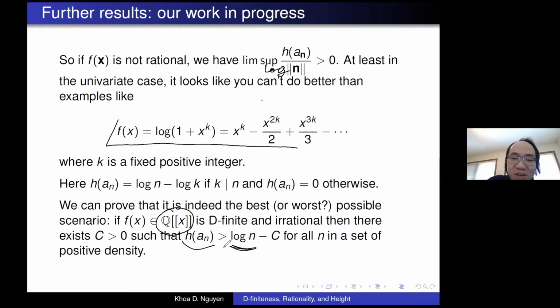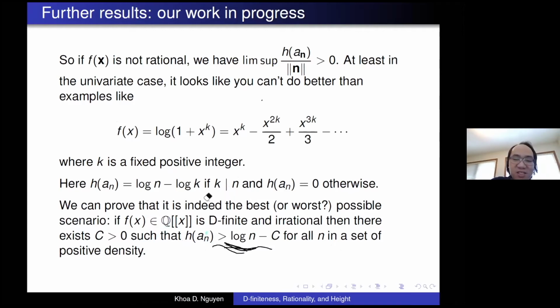But now we do have that this limsup is actually greater than or equal to 1. So we have that the height of a_n is greater than log n minus a constant for n in a set of positive density. If you look at this guy here, n belongs to all the multiples of k. Otherwise, the height is 0. So we could prove this. We still try to relax the condition that f has rational coefficients.